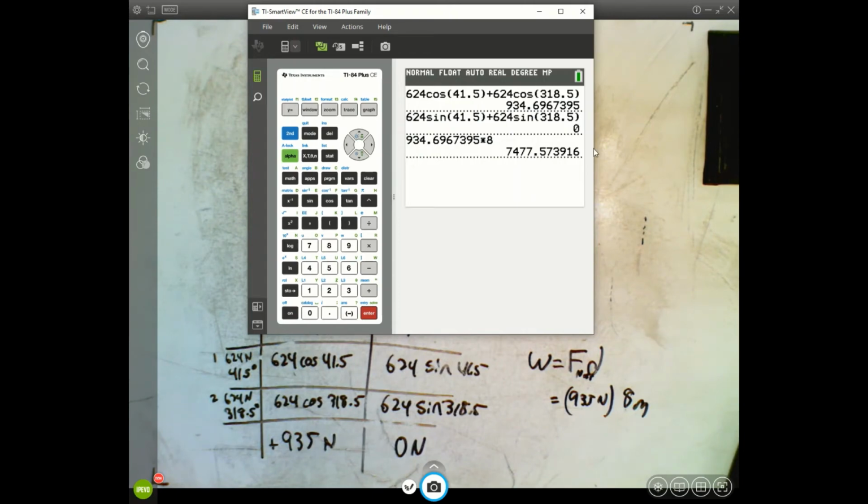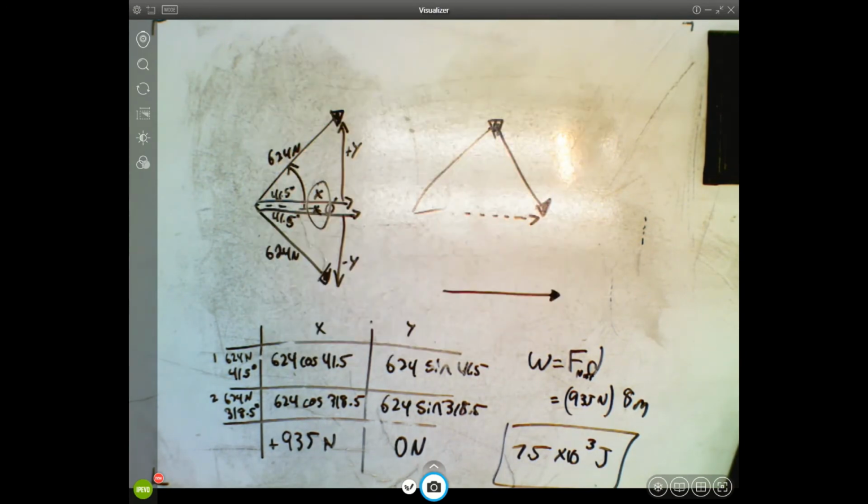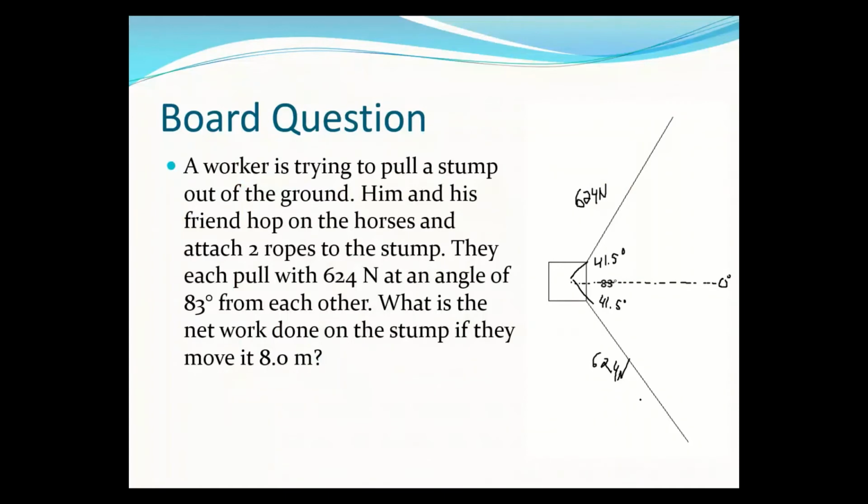So this is what I get. I have 2 sig digs in the question, so I'd end up getting 7.5 times 10 to the 3 joules as my net work that's done. Okay, so all this stuff from the last unit, you give it another shot at it, you can do it again. Okay.